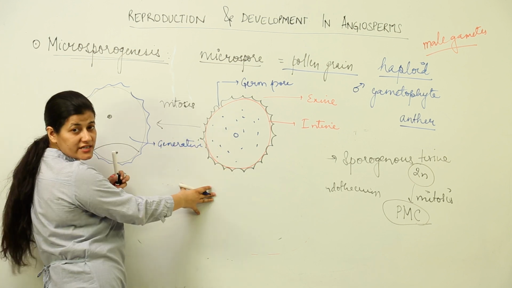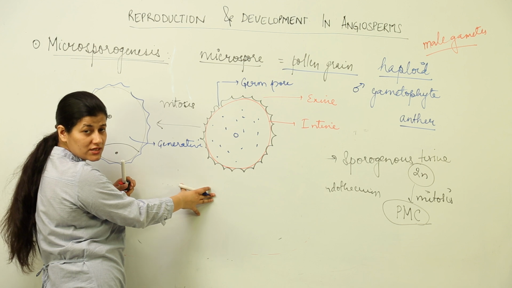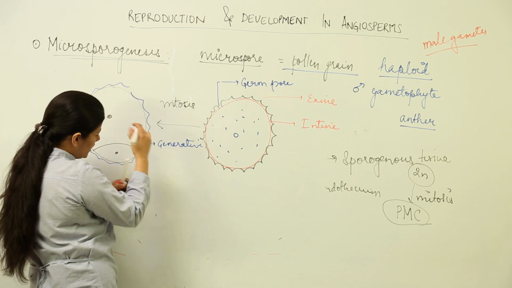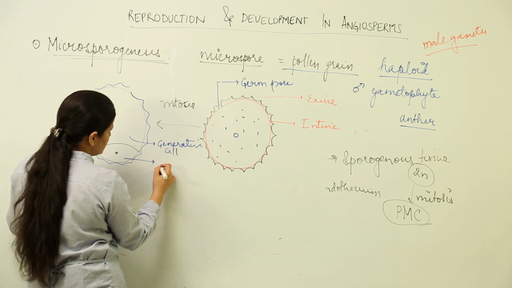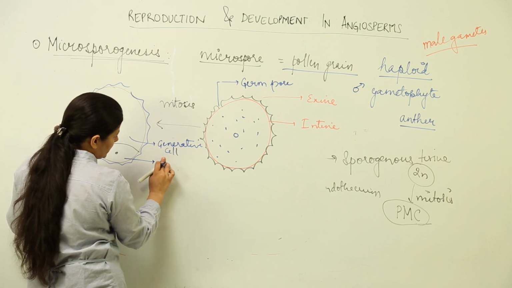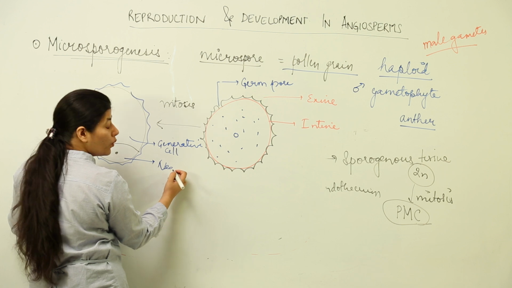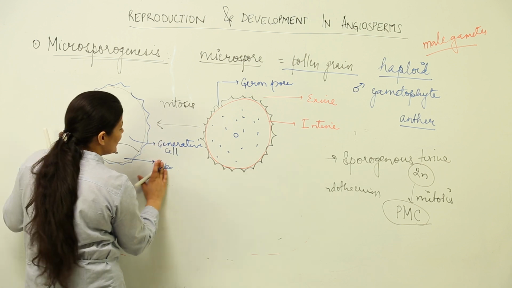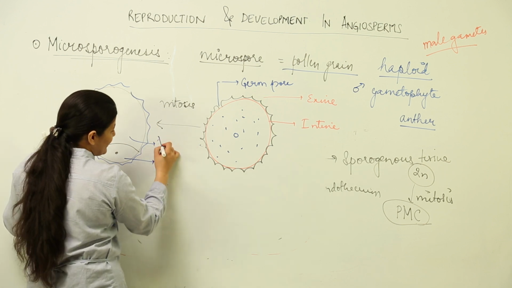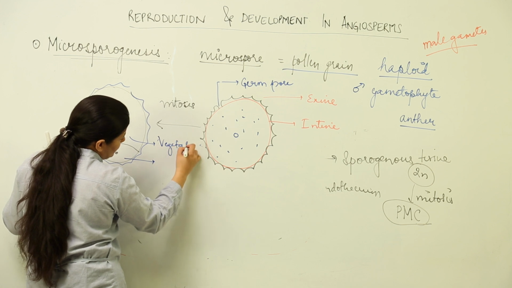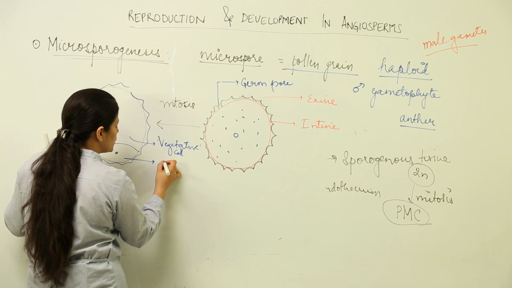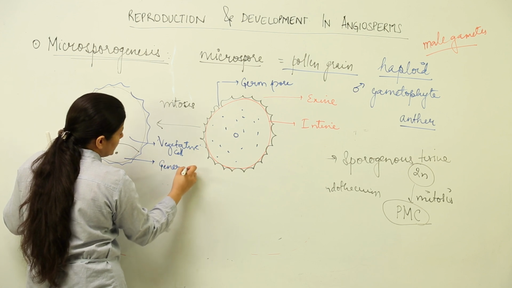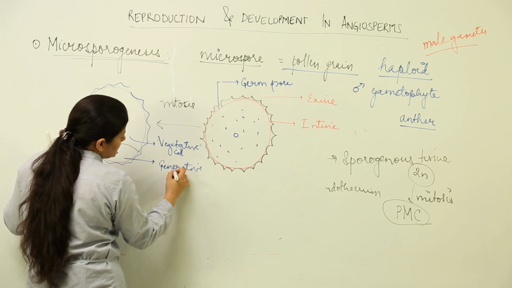The division that takes place as a result of mitosis is not equal. Oh, pardon me, it's wrong. You have a large vegetative cell that would be responsible for nourishment of a small spindle shaped generative cell.